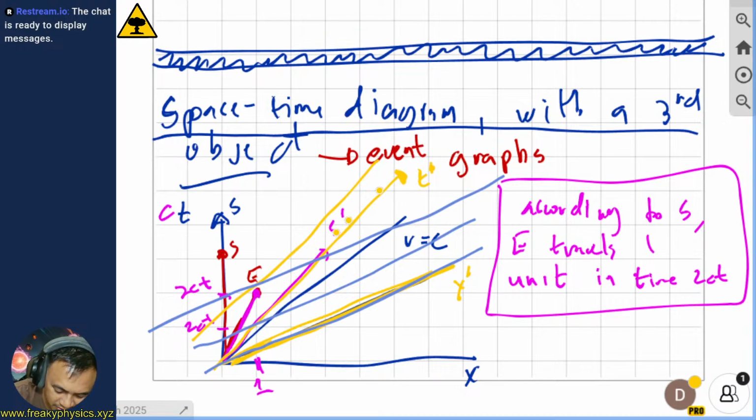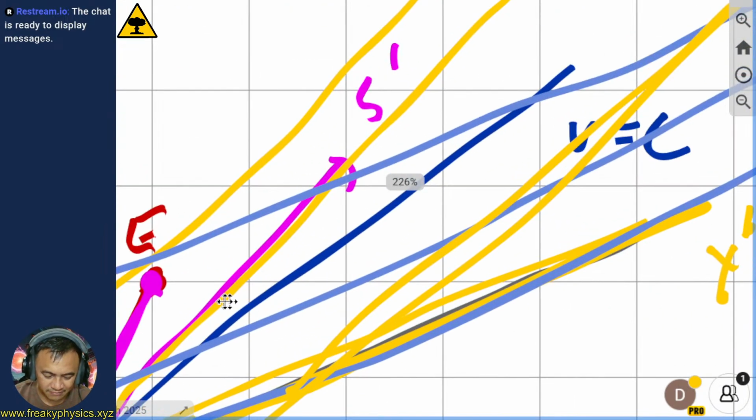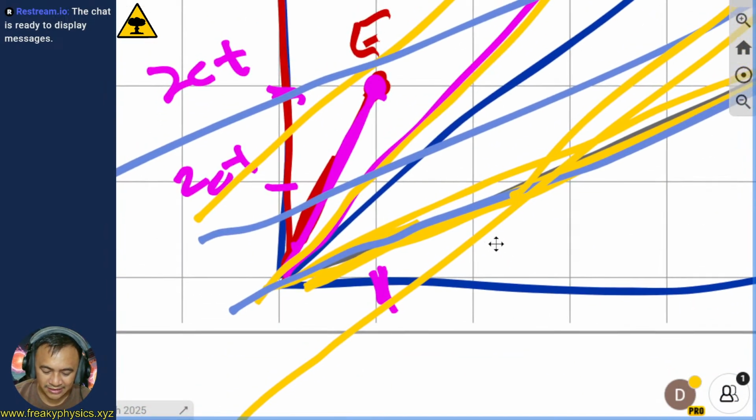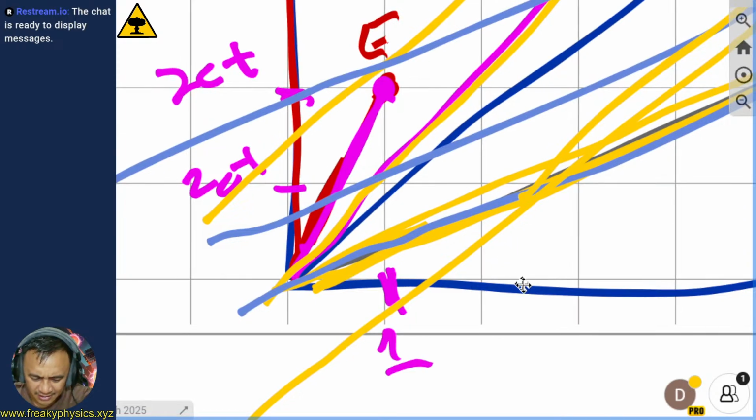So T prime is going to be here. Okay, it's not so clear, but let's zoom in a bit. Let's see if we can figure out what's happening before we turn it into the T prime and X prime coordinates, right? So where's our line? This is our initial line, right?